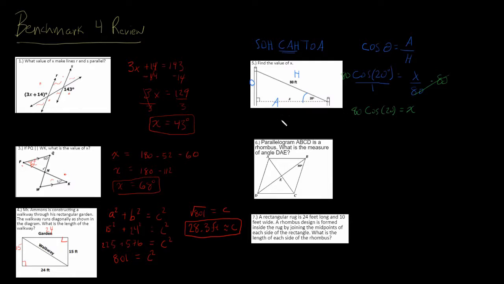Okay, now remember our calculator has to be in degree mode. Okay, make sure we're in degree mode here. And let's go ahead, we'll punch this in the calculator real quick. 80 times cosine of 20.